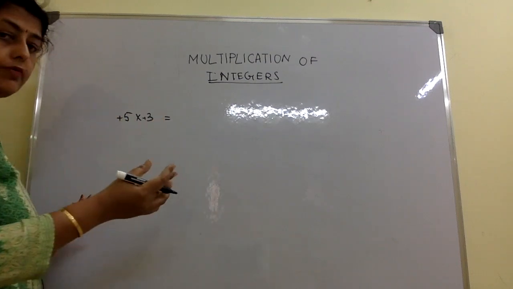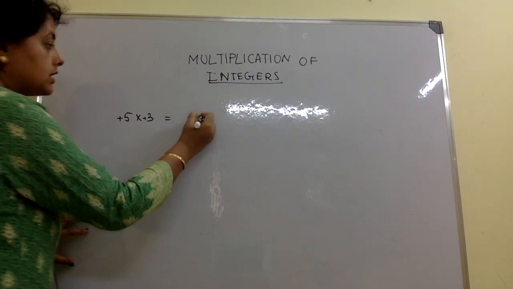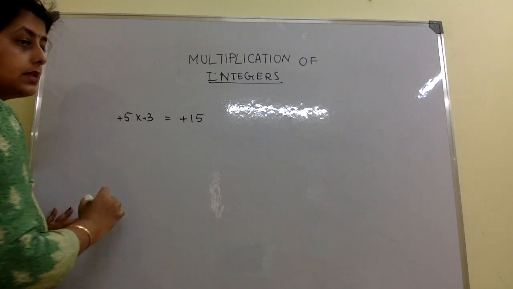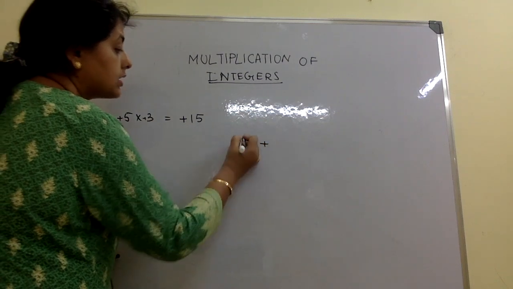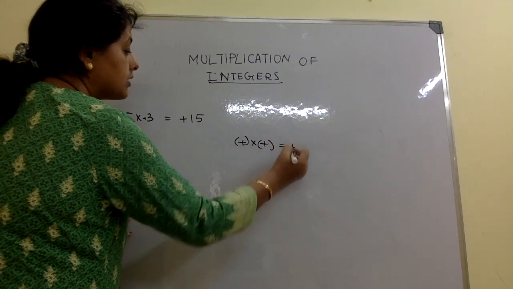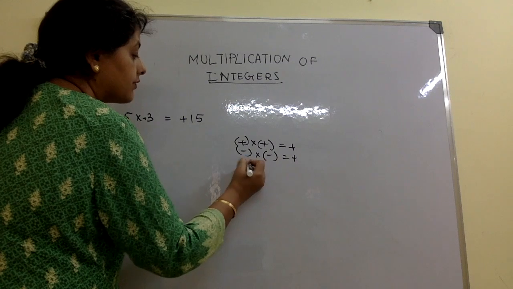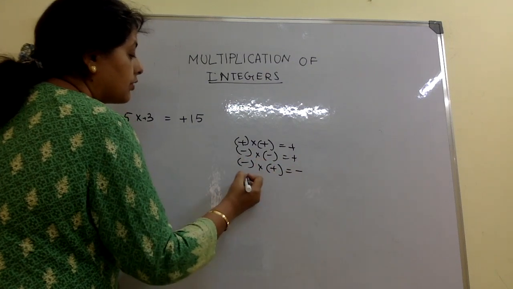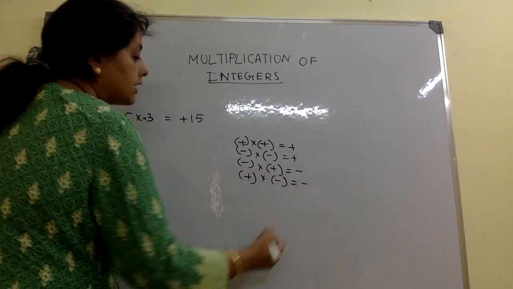So now what we will do is, 5 into 3, number with number is 15, and sign with sign. Now what are the signs? Positive into positive is positive, negative into negative is again positive, negative into positive is negative, and positive into negative is negative.